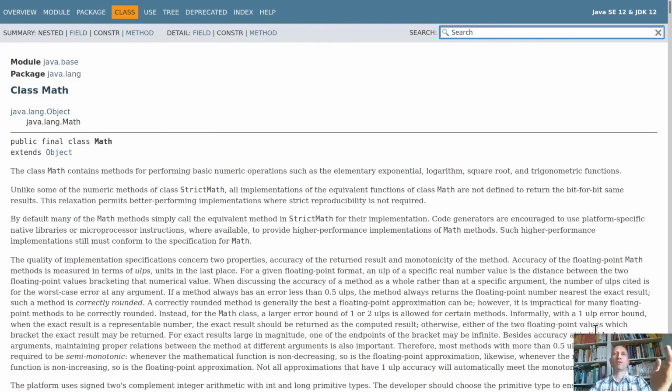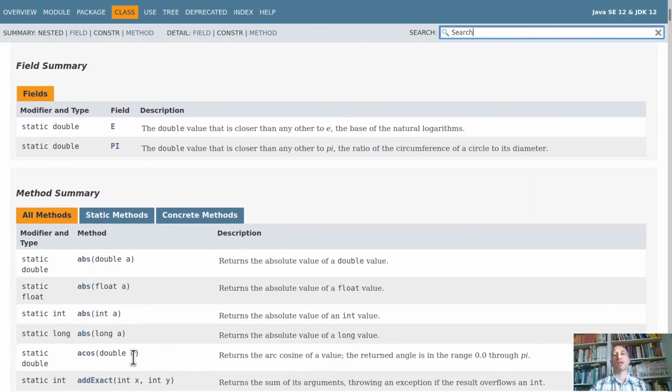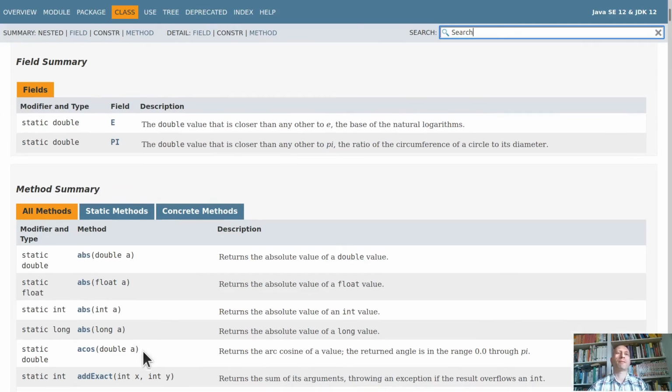One can simply go to the Java language documentation, and you will find in the class Math all the constants that are defined and all the functions. They call them methods, because that's Java's way of saying that.